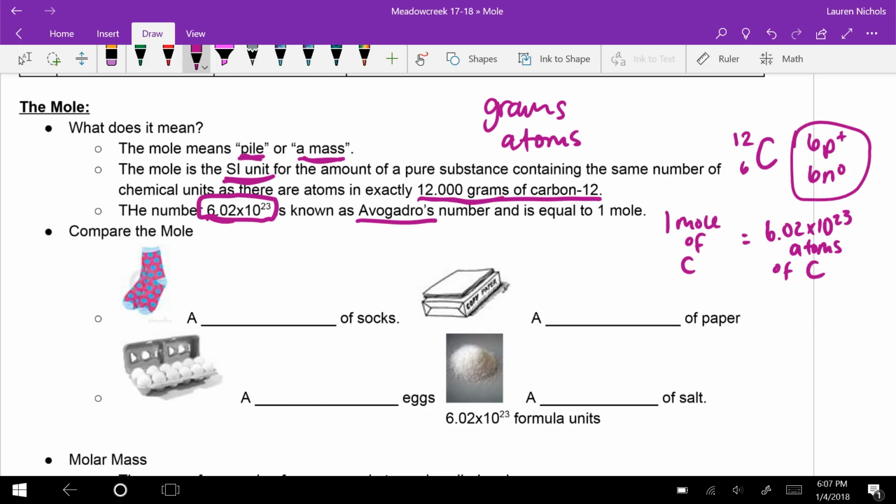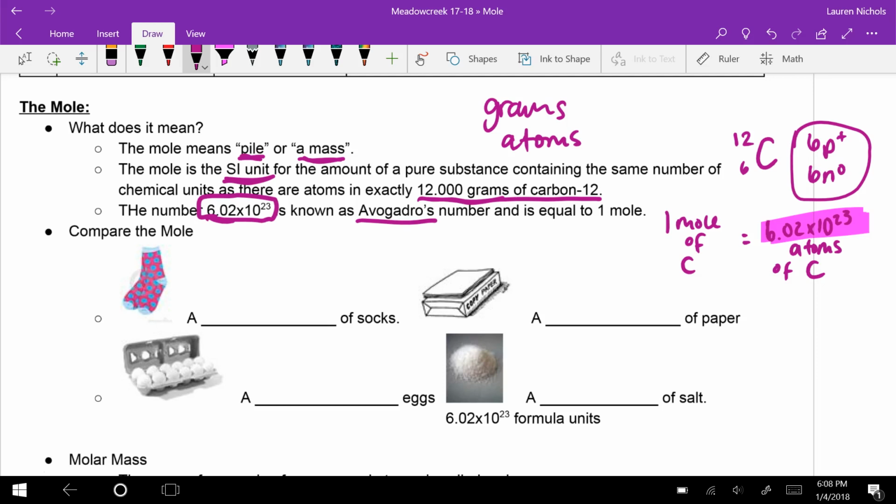Okay, and all of these things, it's just a simple unit that scientists have created to represent that number, so that instead of using a number that has a scientific notation and is really big, we get to use whole numbers and simple numbers that are easier to do math and to write down and things like that. And so we use the mole in the same way we would any other unit.